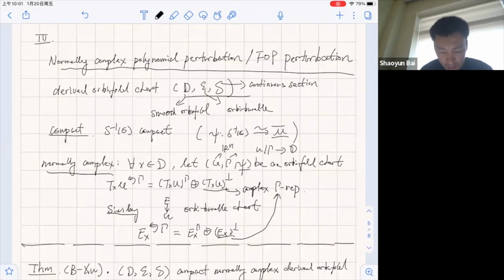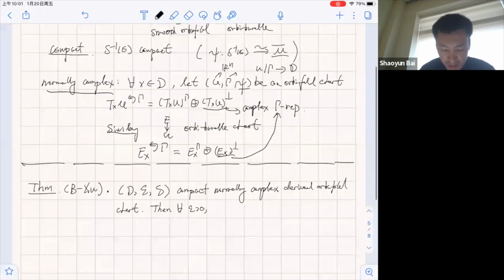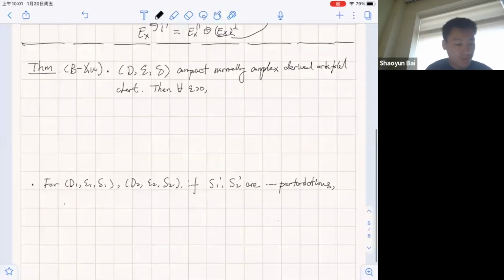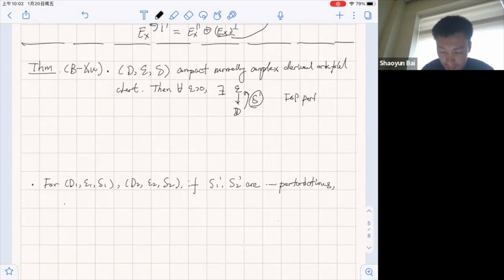Okay, so now let me state the abstract perturbation statement we want for our applications. The setting is, suppose that we have a normally complex derived orbifold chart, compact in the sense that the zero locus is compact. Then for any epsilon positive, we can find a section which is called, in our language, the FOP perturbation.